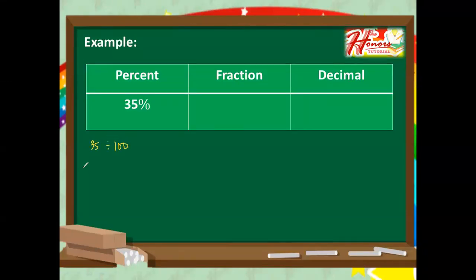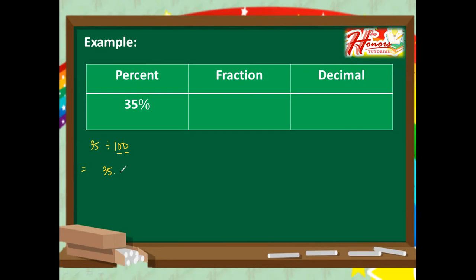And then since we have here our whole number, which is 35, and two zeros here in 100, let's move the decimal point twice from right to left.